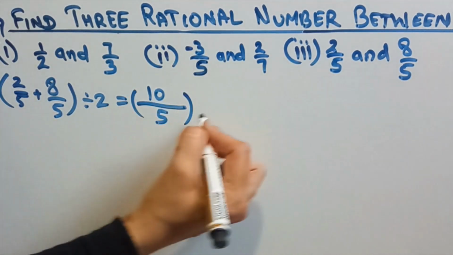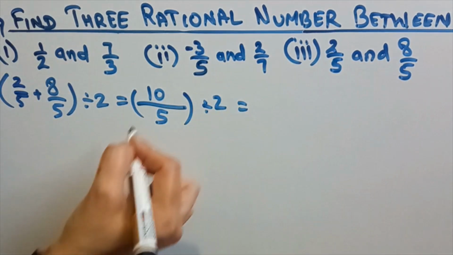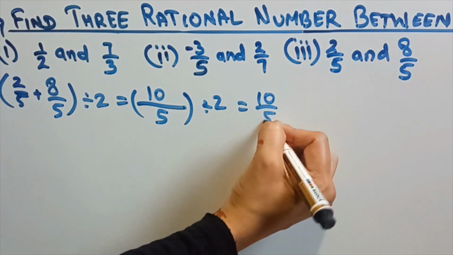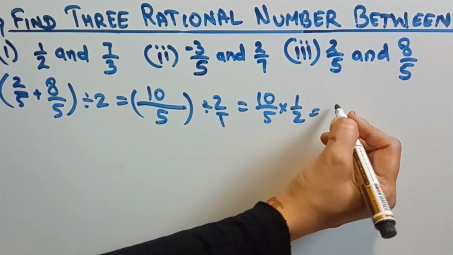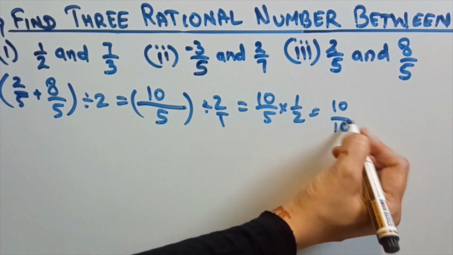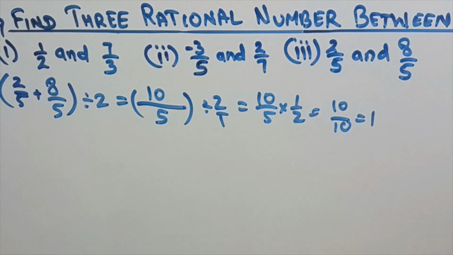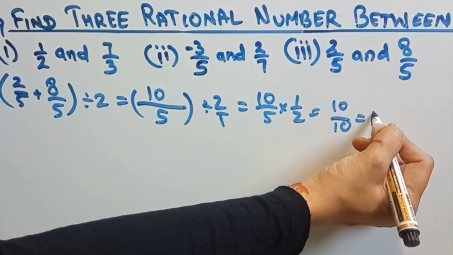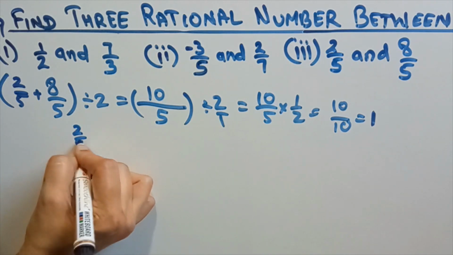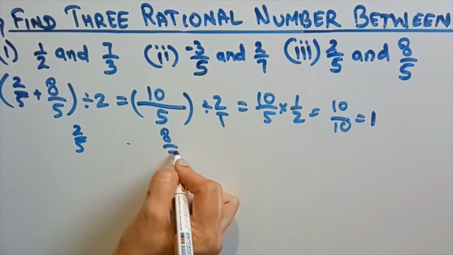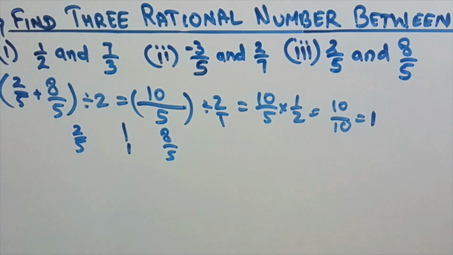This divided by 2 is equal to 10 by 5 into 1 by 2. So 10 by 10, this is 1. So between 2 by 5 and 8 by 5 comes 1. 2 by 5, 8 by 5, this number 1 is here in between these two numbers. Now we will find the second one.